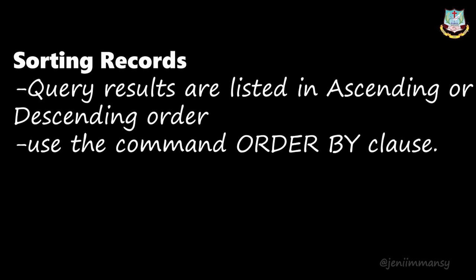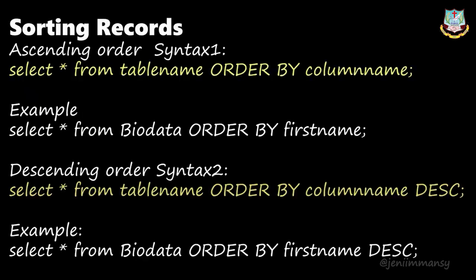Here if you see, select star from, then the table name, order by column name. That means we'll get the output in ascending order in a column name. Column name will be sorted in ascending order format.